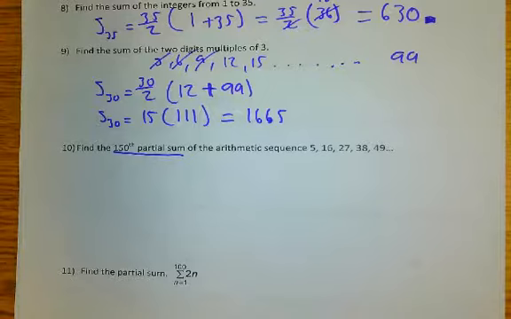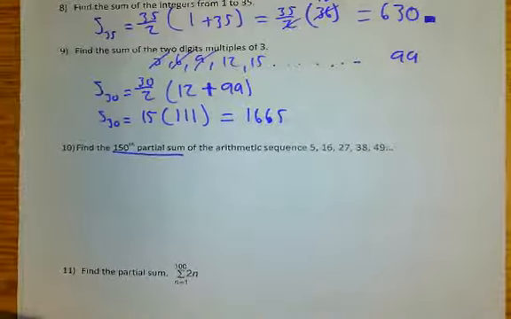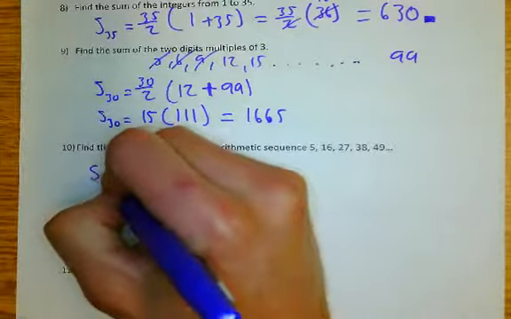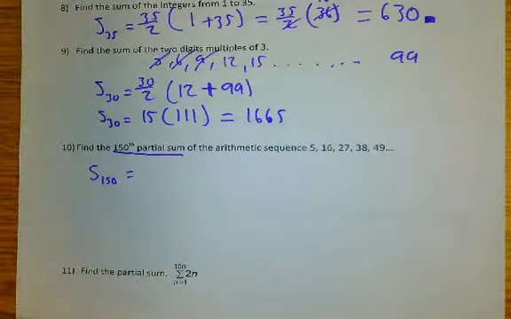So that means this is going to be S of 150 equals what? Use the formula. 150 divided by 2 times, well, here's the sequence. 5 is your first term, right? So 5 plus, well, you need the 150th term.